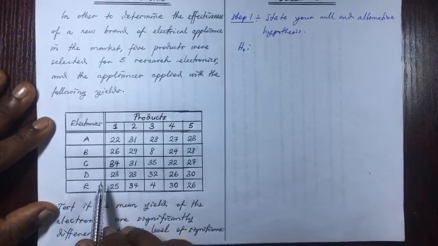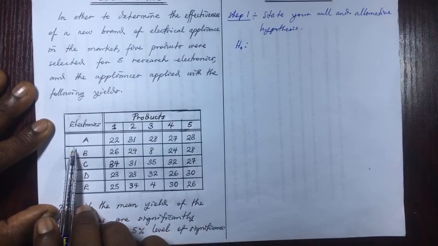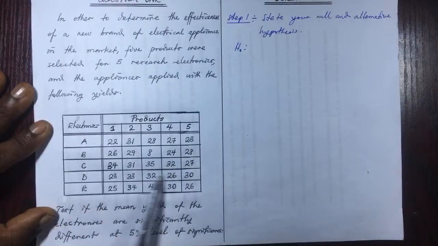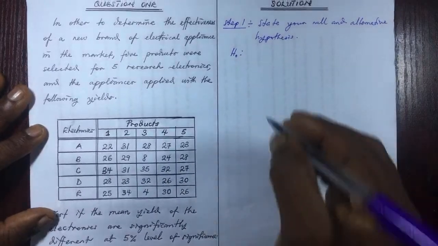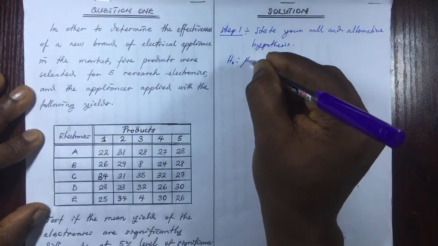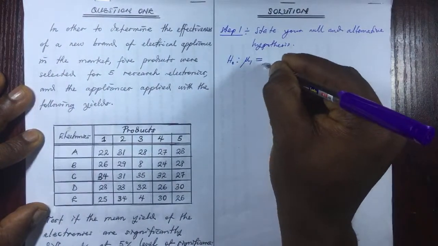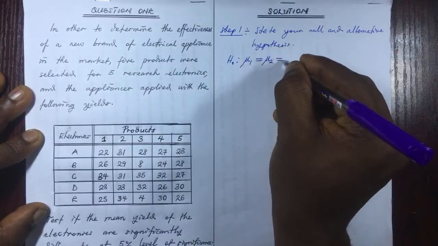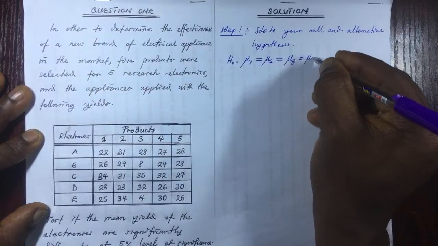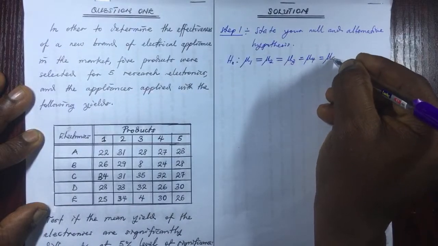Looking at this particular problem, you will notice that, like I've told you earlier, there are 5 treatments: treatment 1, treatment 2, treatment 3, treatment 4, and 5. So there are 5 treatments. I'm going to use mu to represent the means of each treatment. So I'm going to call this mu1 equal to mu2, equal to mu3, equal to mu4, equal to mu5.